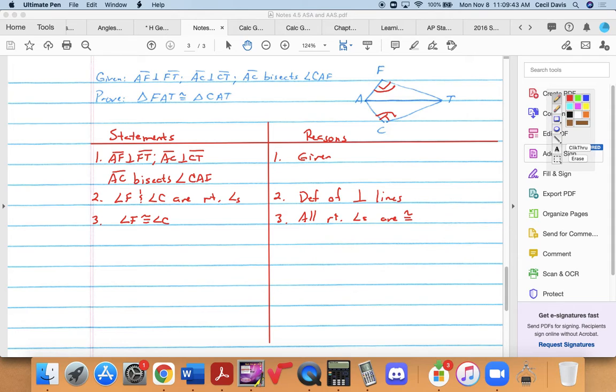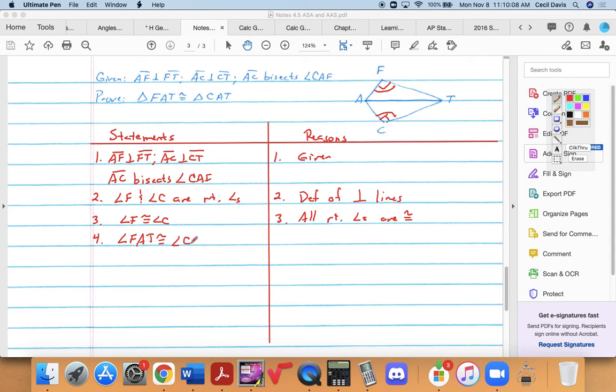Now, here we have AC bisects angle CAF. We should be able to make a conclusion from that. You can say that angle FAT is congruent to angle CAT.